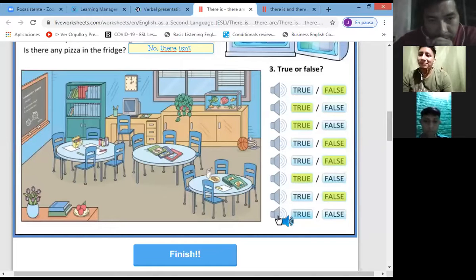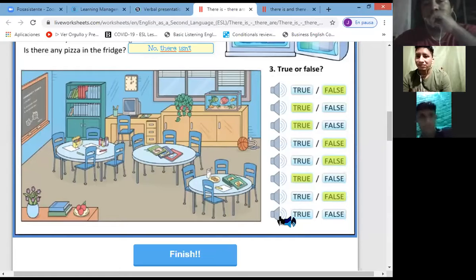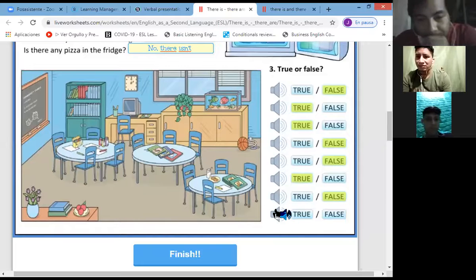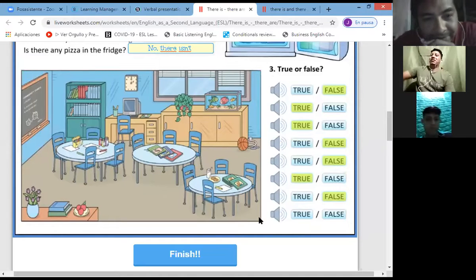Max. There are 2 biscuits on a table. There aren't. Really? And what's this? Biscuits. Yeah, like the KFC biscuits. Cookie. There are 2 biscuits on the table.